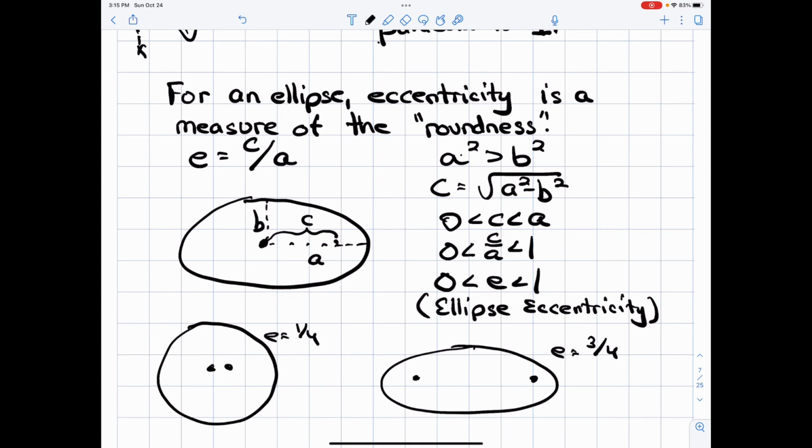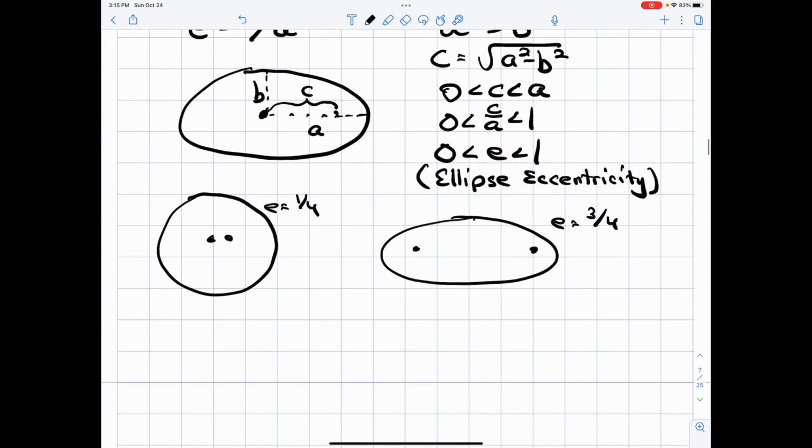And in fact, if you take the equation of a circle and look at it, you find out that circles have eccentricity of 0.